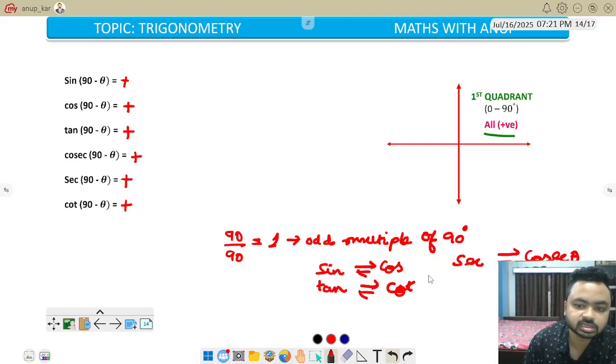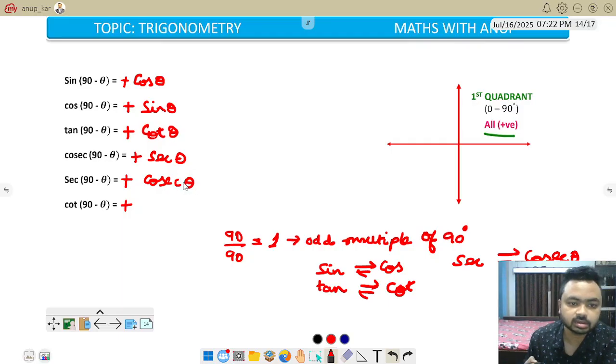If it is an odd multiple of 90 degree, sine will change to cos theta, cos will change to sine theta, tan will change to cot theta, cosec will change to sec theta, sec will change to cosec theta, and cot will change to tan theta. So this is my basic about first quadrant.